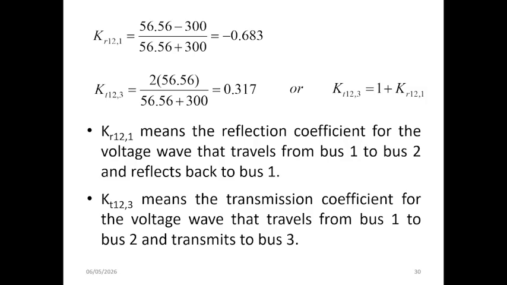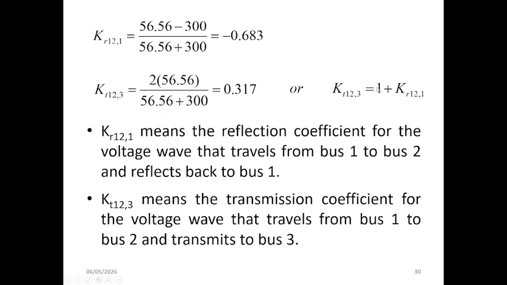The transmission coefficient KT 1,2,3 represents the portion of the voltage wave that continues forward from bus 1 through bus 2 and toward bus 3. Its value can be calculated as 0.317, which can also be obtained using this relationship.